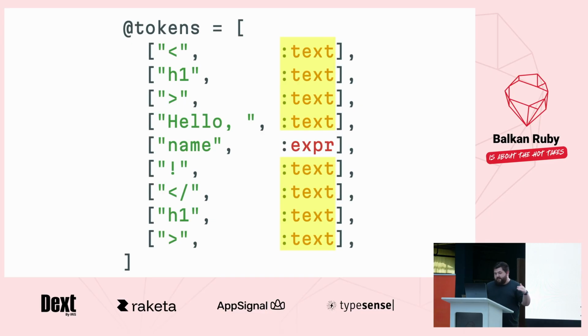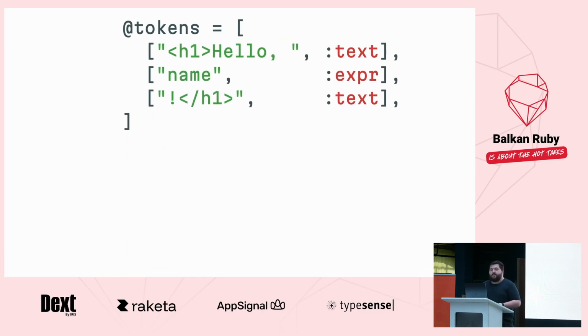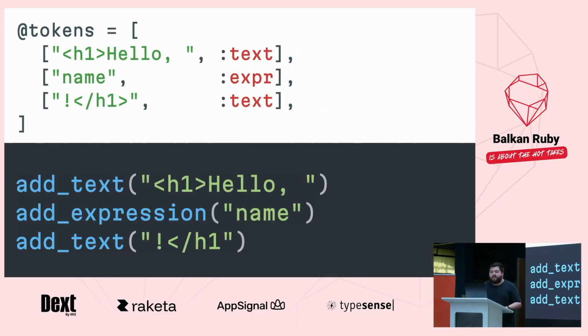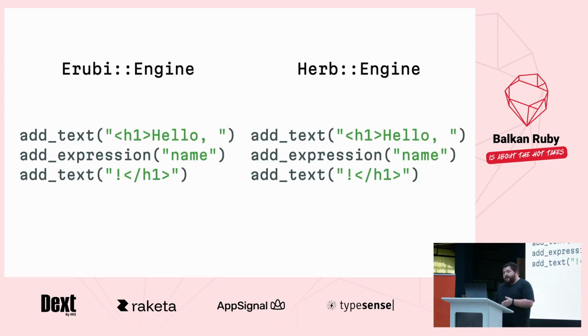So there's a bunch of text nodes, which we can collapse into a single node on a first pass, and then iterate over those and call add text and add expression again, so we have the same output, or the same instructions. So with that optimization, we have the same output for eRuby and for Herb Engine.